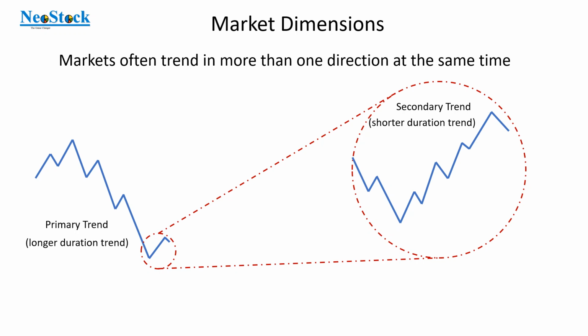The word duration is very important because it has a technical name, and that technical name is time frame. So longer time frame trend and shorter time frame trend. Instead of saying longer duration, we can say longer time frame. Those who are learning the concept of time frame for the first time should memorize the word time frame.